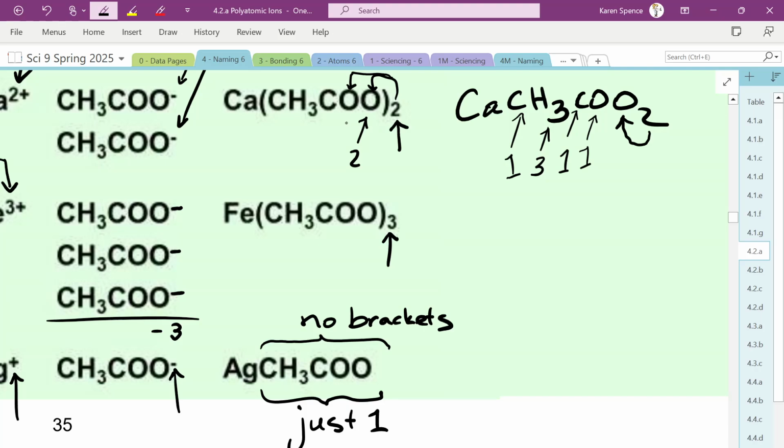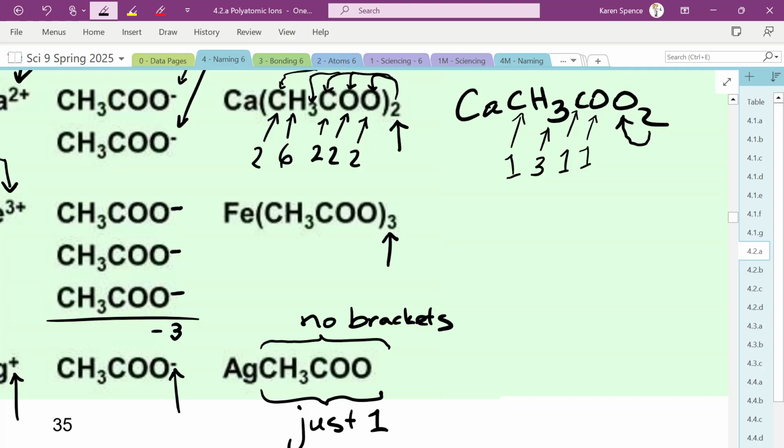This one, the bracket says there's 2. The bracket says 2 times 3 is 6 of those. Yeah? And the 2 says there are 2 of those as well.